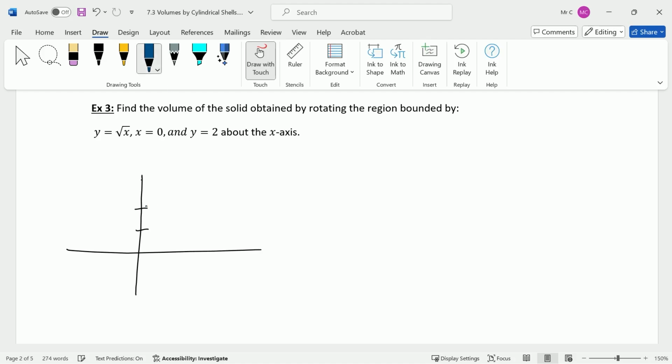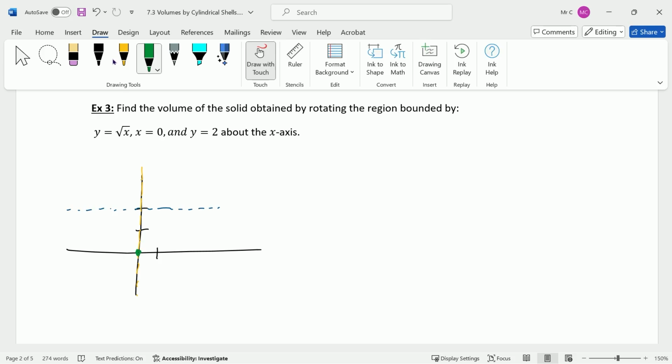So we've got a boundary from y equals 2. We've got a boundary for x equals 0. And then we've got the curve, the square root of x, which we know when x is 0, y is also 0. And how do we find when y is 2?